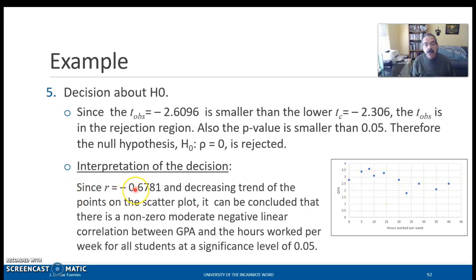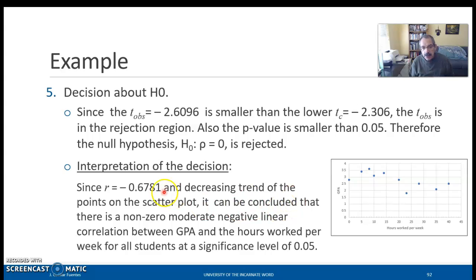In here, we already saw that we have a negative relationship that is moderate, and that because of the points on the scatter plot, we see that it is linearly decreasing. So then we can conclude that there is a non-zero moderate negative linear correlation between GPA and the hours worked per week for all students at a significance level of 0.05.